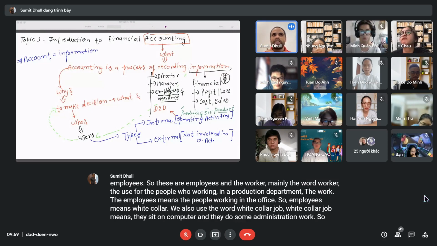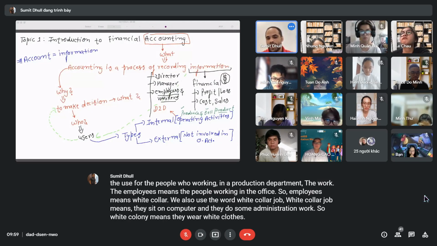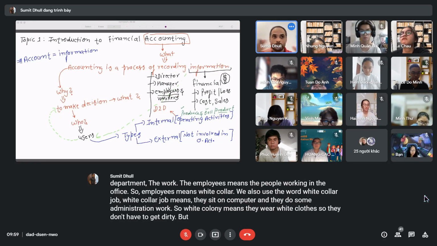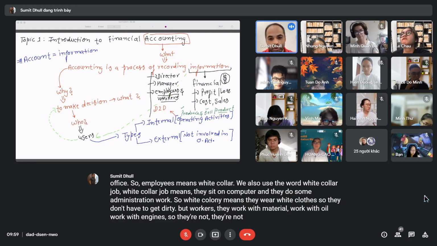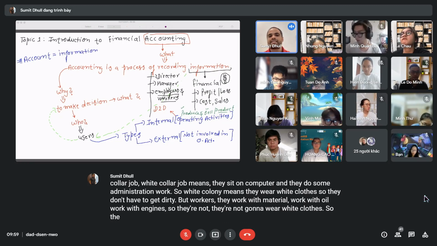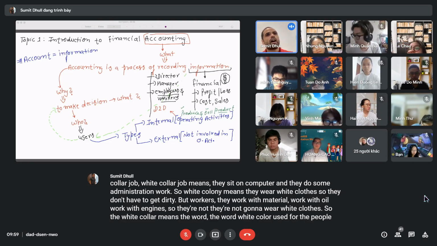White collar means they wear white clothes, so they don't have to get dirty. But workers work with material, with oil, with engines, so they're not going to wear white clothes. The word white collar is used for the people who work in an office.